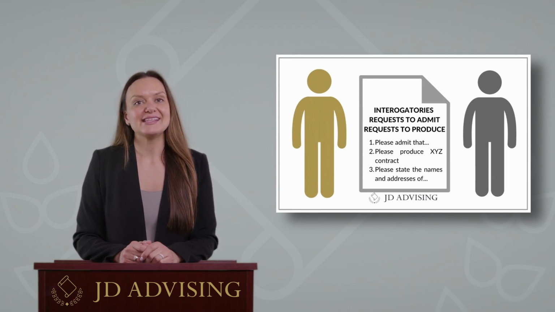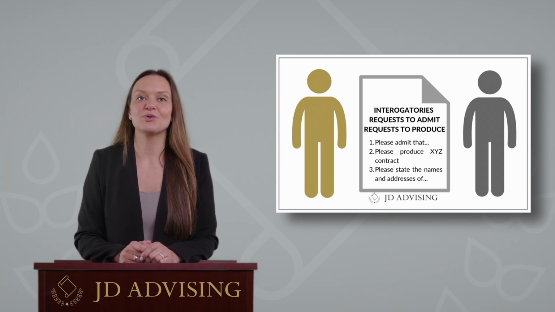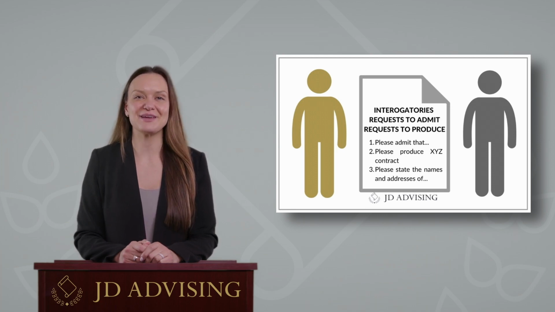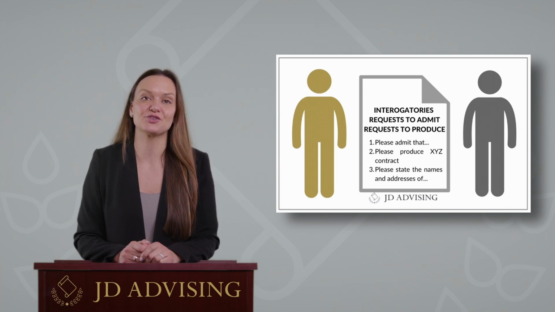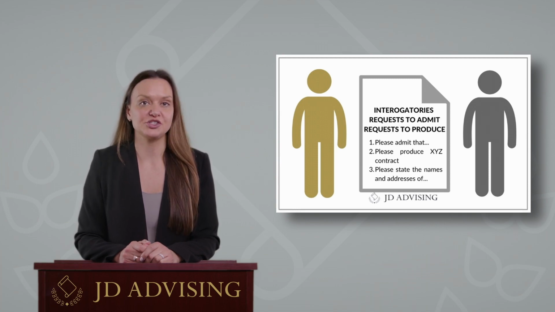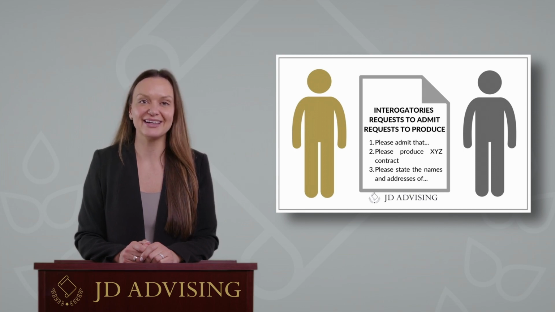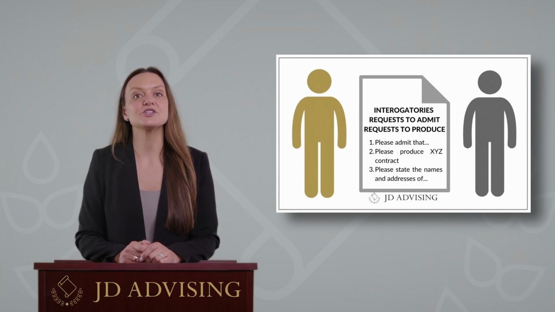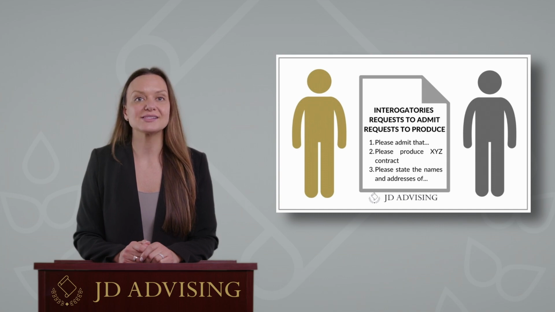The United States has a very open-door policy for discovery, and a lot of information can be discovered prior to trial. During this time, interrogatories, which are questions, can be sent to each party. Additionally, requests to admit facts and requests to produce documents or items can be sent between the parties.